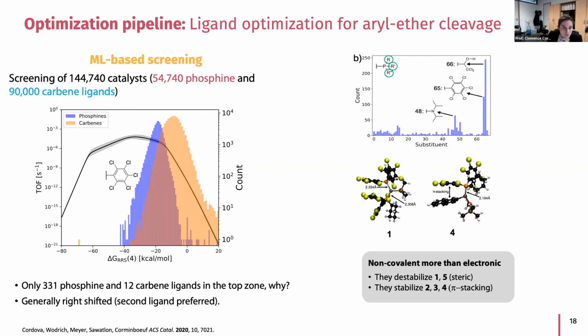What you see here, these two Gaussians, correspond to the occurrence of one given type of catalyst, and I'll come back to that later. But we screened 150 catalysts, 50,000 phosphine and 90,000 carbene. And the height here is the count, so the occurrence that you have, depending on the value of the descriptor. And you clearly see a shift toward the right.